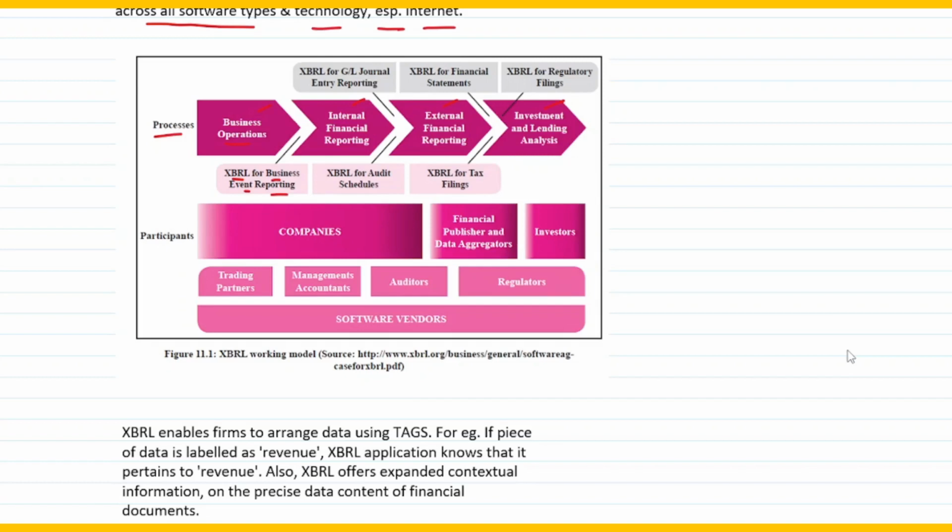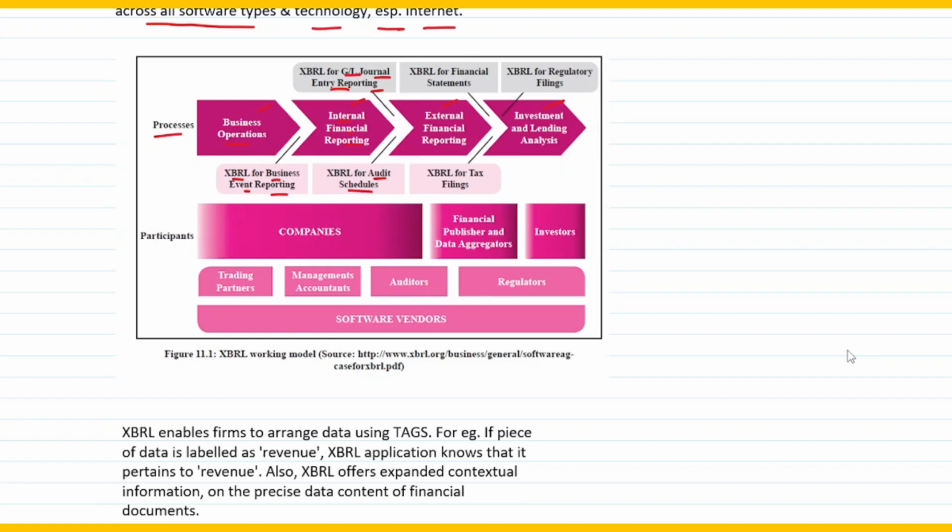Then we come to internal financial reporting, right? In terms of internal financial reporting, how can XBRL help? XBRL can be used for GL, that is general ledger journal entry reporting, and it can also be useful for audit schedules. So for operations, it can help you in business event reporting.